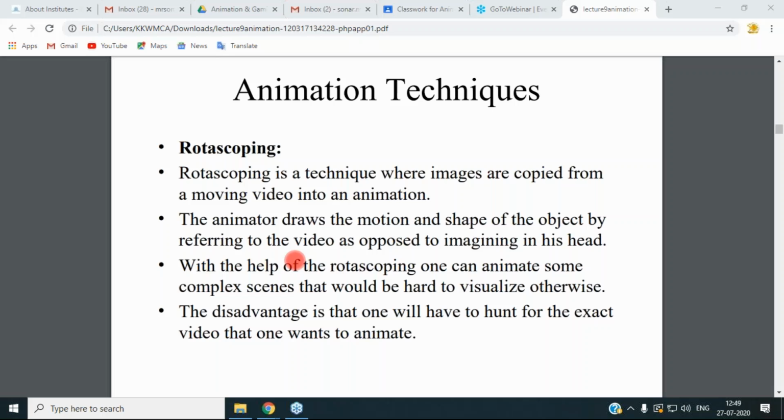So here the animator is trying to copy from the video. With the help of rotoscoping, one can animate some complex scenes that would be hard to visualize otherwise. The disadvantage is that one will have to hunt for the exact video that one wants to animate. So it is using some kind of videos from which the animation is being captured. So that is one technique.